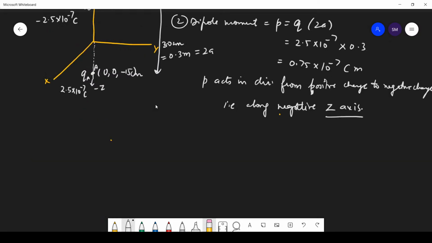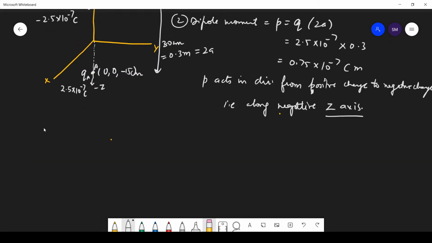Now the next question, 1.10. An electric dipole with dipole moment 4 × 10⁻⁹ coulomb meter, so this is the dipole moment given to you in the next question, is aligned 30 degrees with the direction of the electric field.